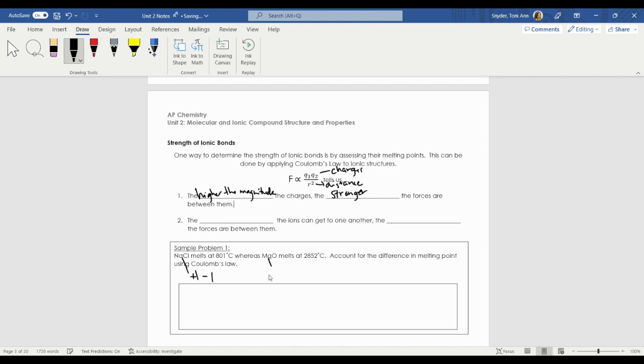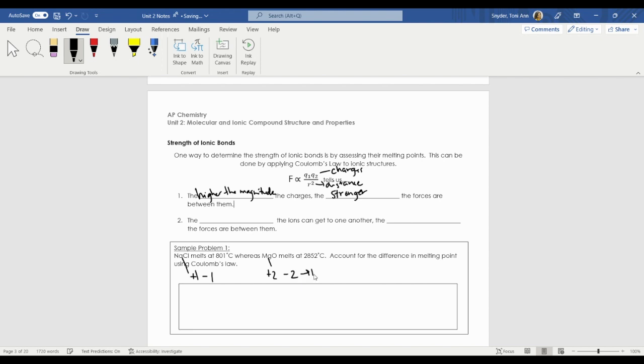However, magnesium oxide has a charge of +2 and -2. This is why magnesium oxide has such a higher melting point: it takes significantly more energy to break that +2 and that -2 charge relative to that +1 and -1 charge.